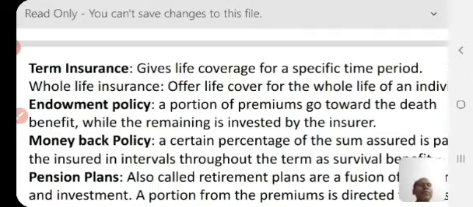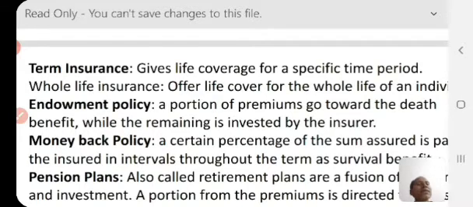See, the term insurance. The insurance is applicable to a certain term, not the whole life. For example, if we take a policy for 5 years, the risk borne by the insurer is for 5 years.